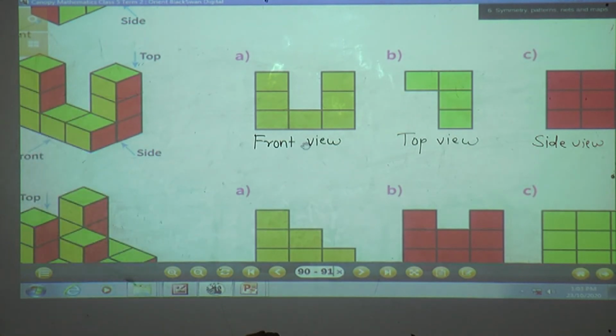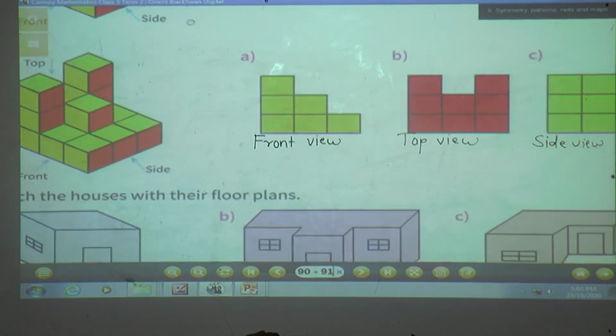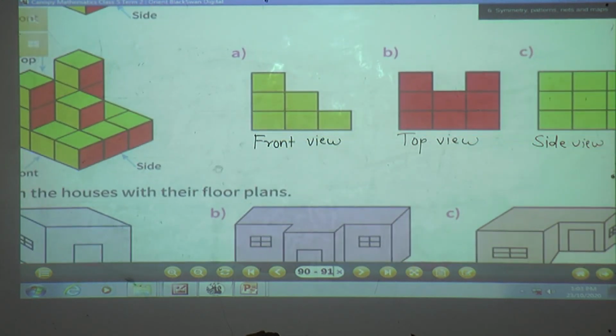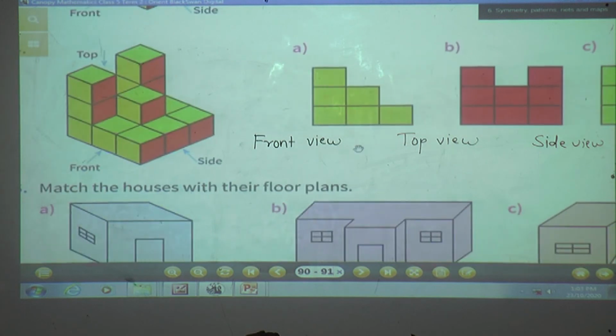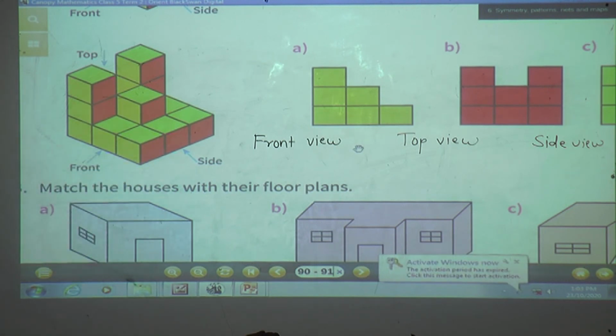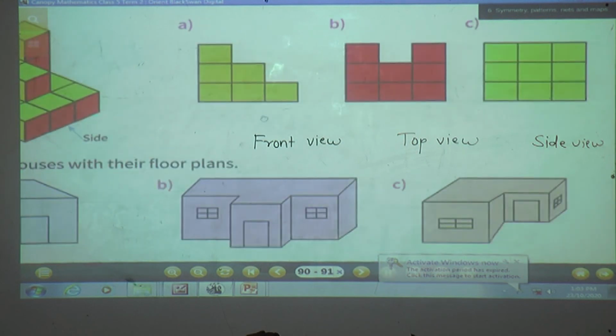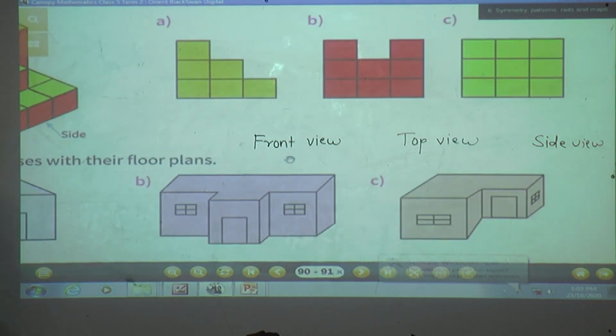Now the next one, here, see the figure. Here is a top view, front view and side view. So write the answer properly, students. A1 is a front view.